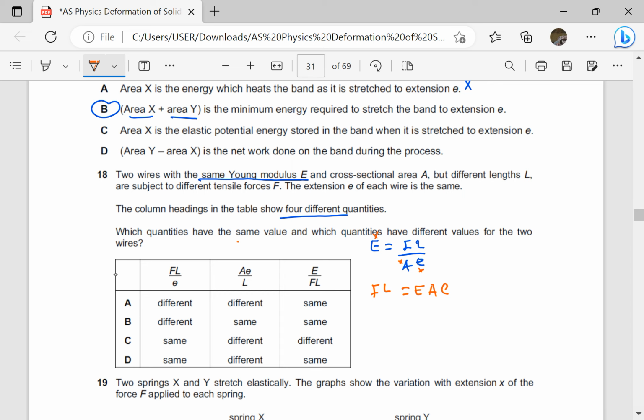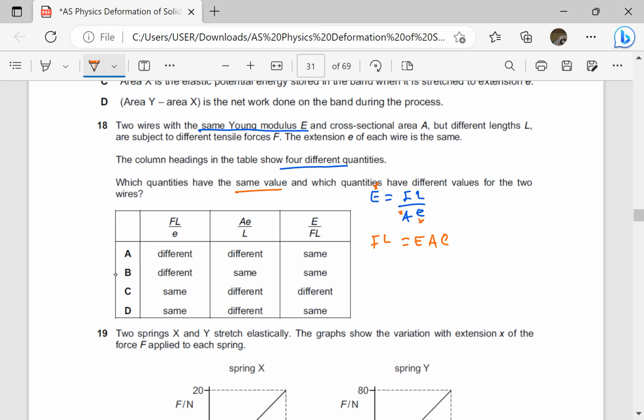Which quantities have the same value and which quantities have different values for the two wires? The first one is FL over e. If I make FL over e the subject, it is going to be E times A, where E times A is a constant, so that means these ones will have the same value. So FL over e should be the same, so that one is eliminated.